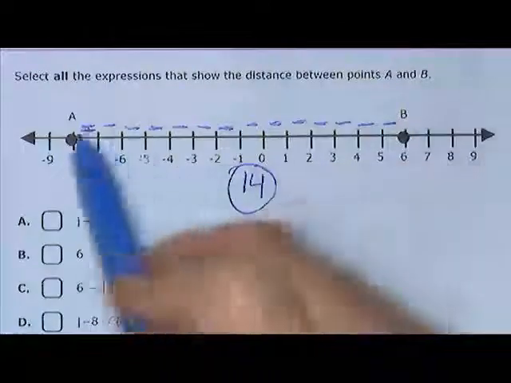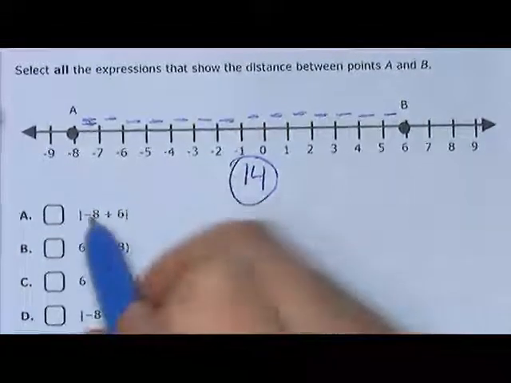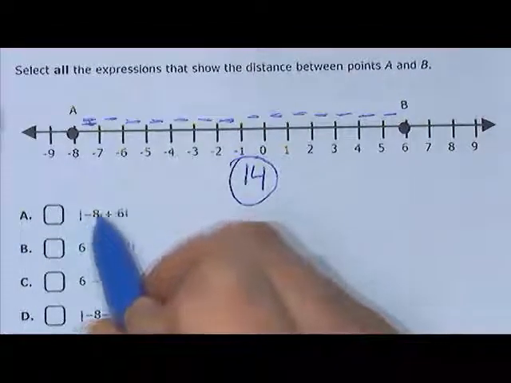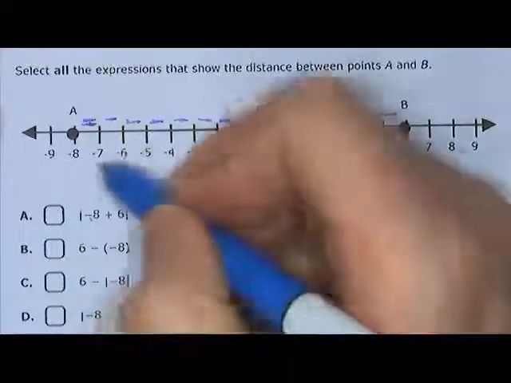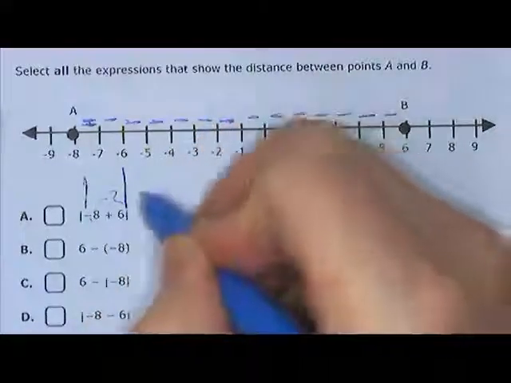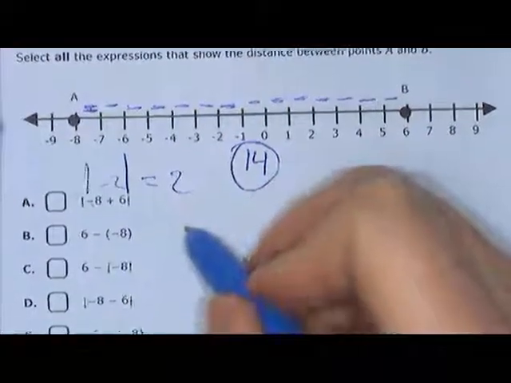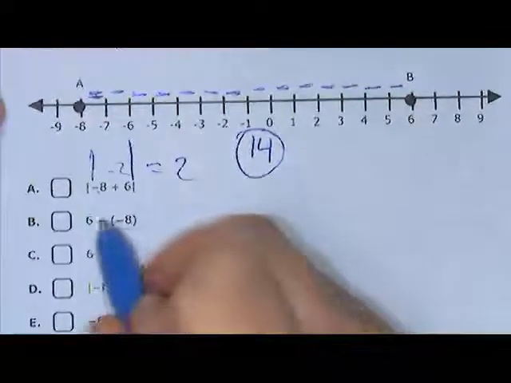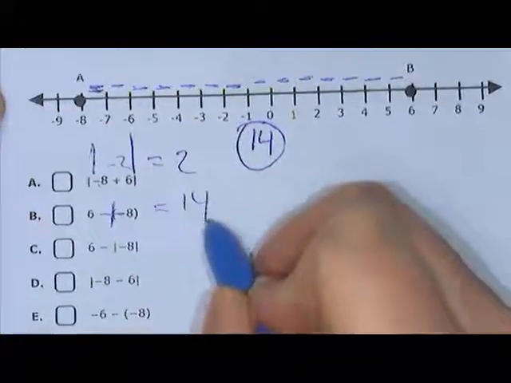Okay, so distance is positive. All right, let's see. Negative 8 plus 6 is negative 2. And the absolute value of negative 2 is 2. That does not work. This is a big plus. 6 plus 8 is 14. That works.